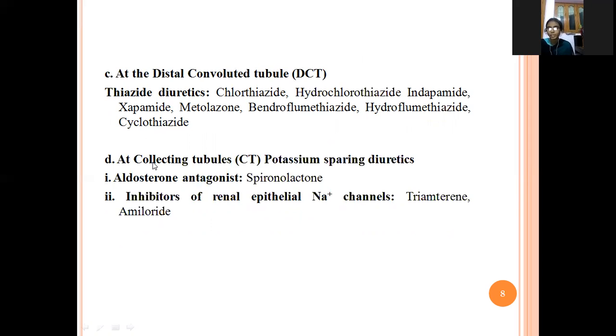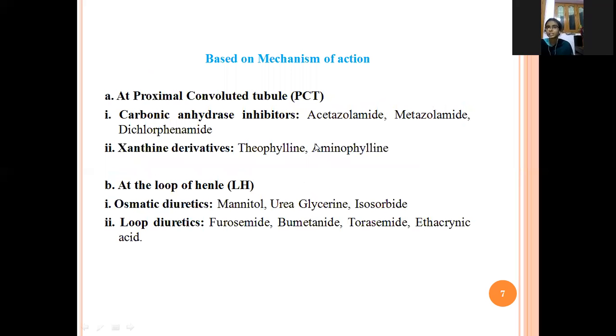Next, at the collecting tubules are potassium sparing diuretics. So here, aldosterone antagonist, example is spironolactone. Next, inhibitors of renal epithelial sodium channels are triamterene and amiloride. So these are the classification which comes under the mechanism of action.